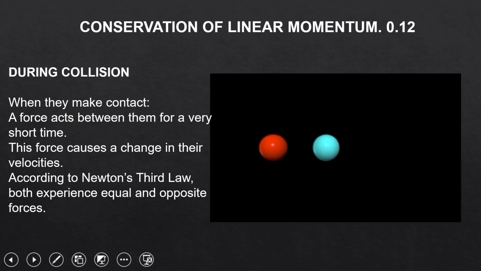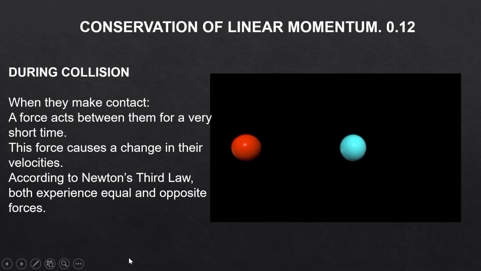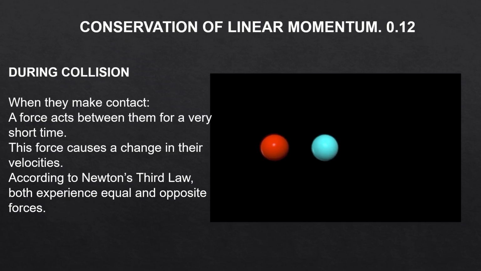Now, during collision, this is a very important place to pay attention to. When they make contact, a force acts between them for a very short time. This force causes a change in their velocities. According to Newton's third law, both experience equal and opposite forces. So, at that point of contact, we say that there is a force that acted.